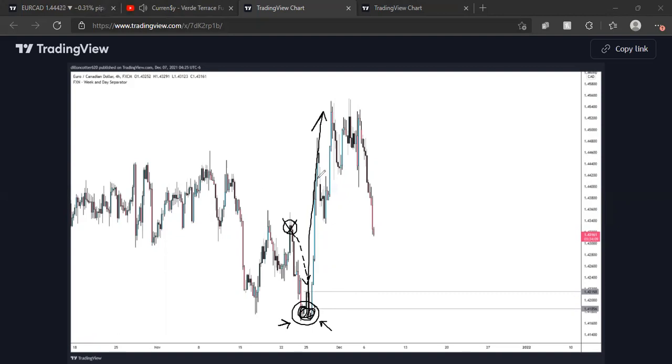is low. So when there's a high demand, supply is low, and when there's a high supply and low demand, price is high.